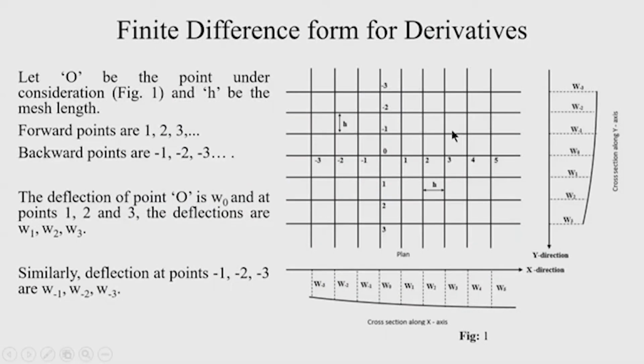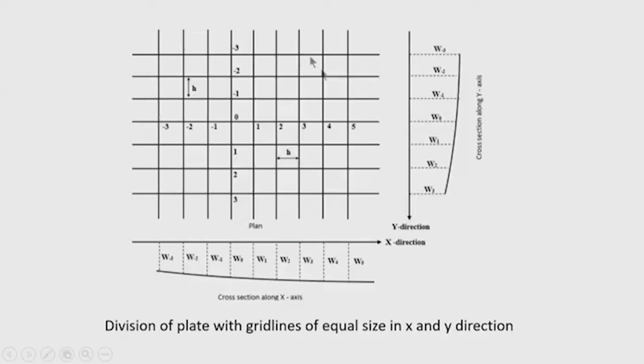So we require the derivatives to be converted into the finite difference form. This is the finite difference grid that I discussed, and the plate is divided. For illustration purposes I have taken equal mesh size, that is, the mesh size is h in the x direction as well as h in the y direction.